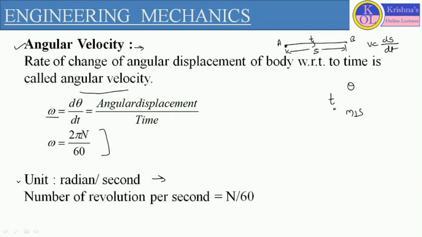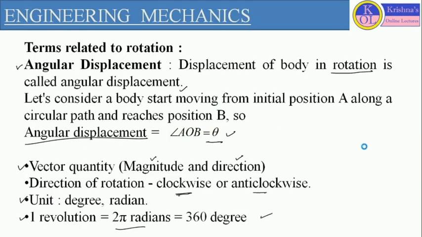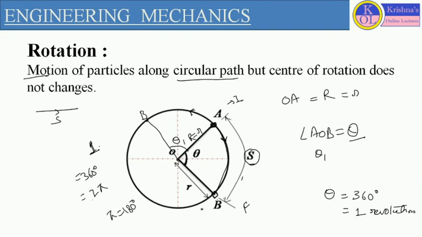If we are considering one particle which is moving along this circular path and it is completing a number of revolutions during rotation or during motion. Now let us consider the angular velocity which is defined with respect to angular displacement in terms of revolutions per minute.